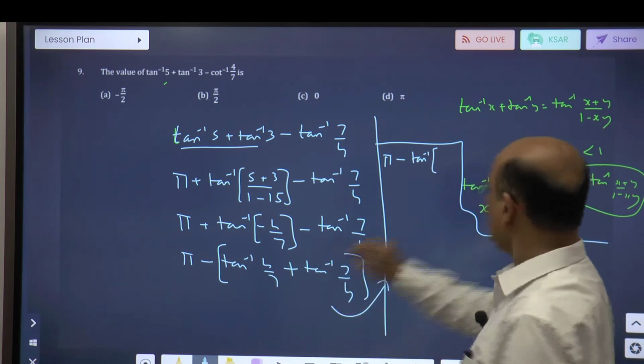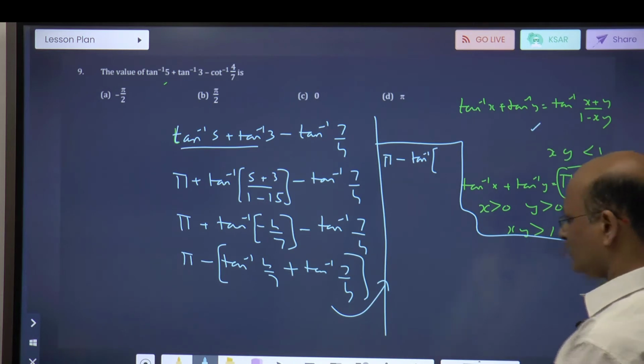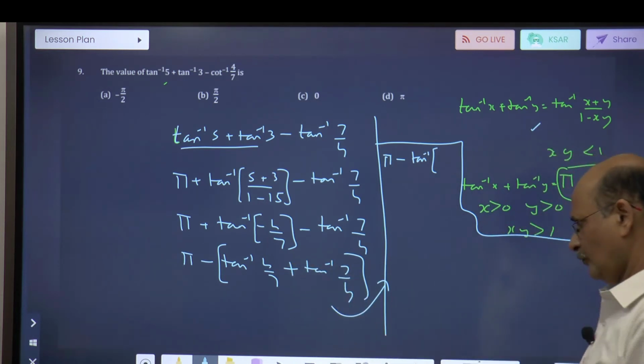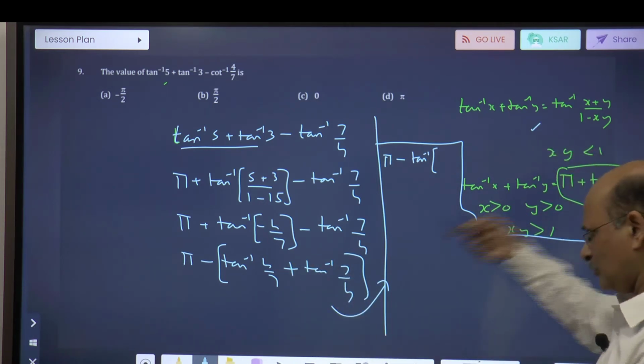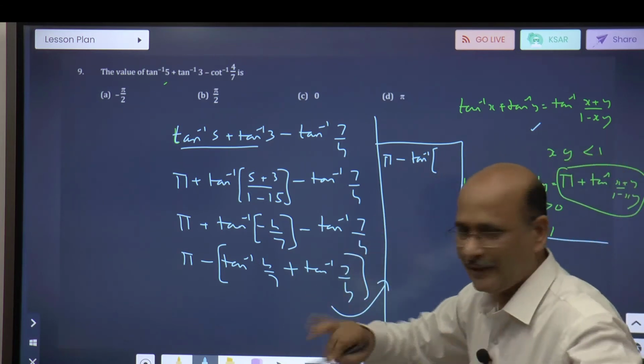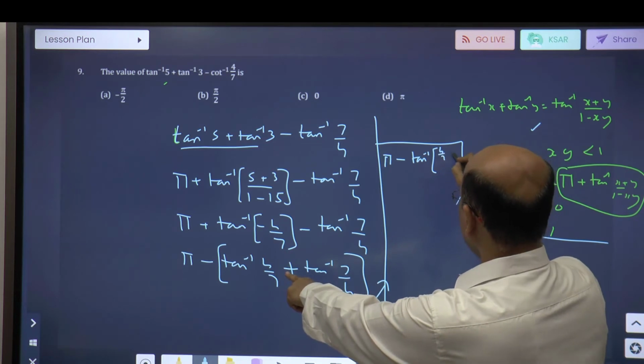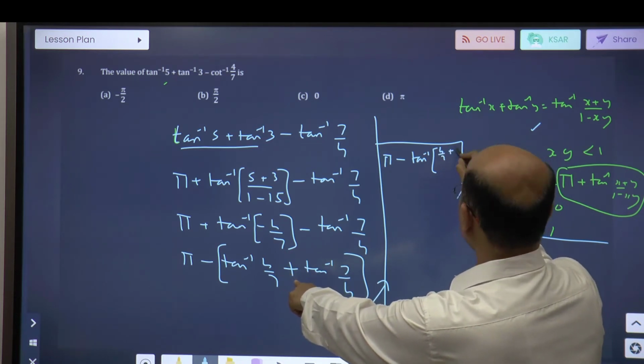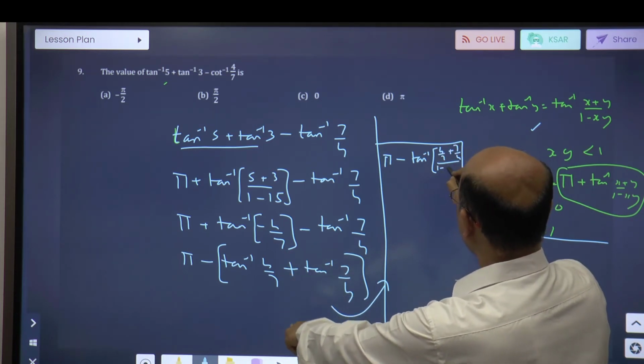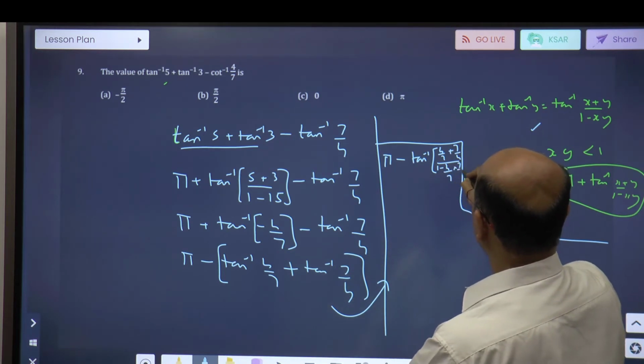Now look, this is the first formula, because in this case xy becomes less than or equal to 1, 4 by 7 times 7 by 4 is 1. So it becomes undefined when you solve it. Let us see. This will become 4 by 7 plus 7 by 4 upon 1 minus 4 by 7 into 7 by 4.